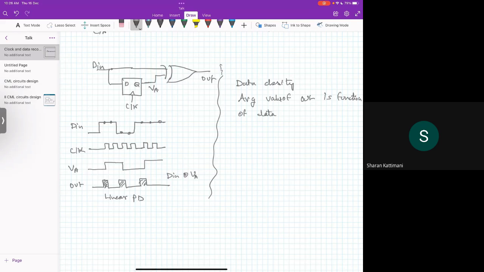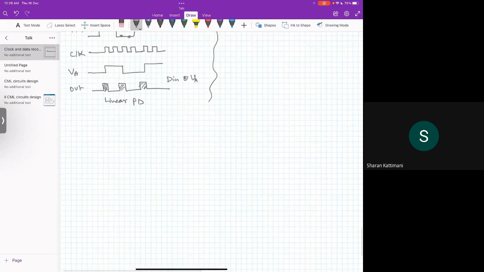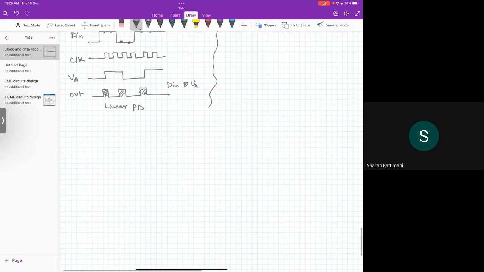This is the actual problem. Two different phase errors from different data densities could have the same VC output. So we need to eliminate the dependence on this data density.